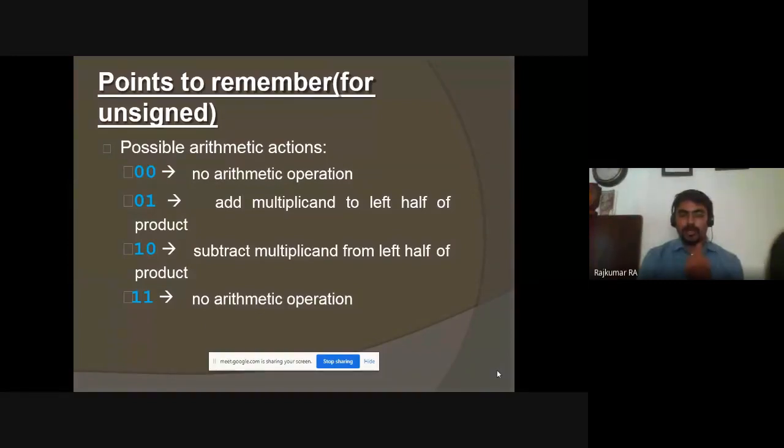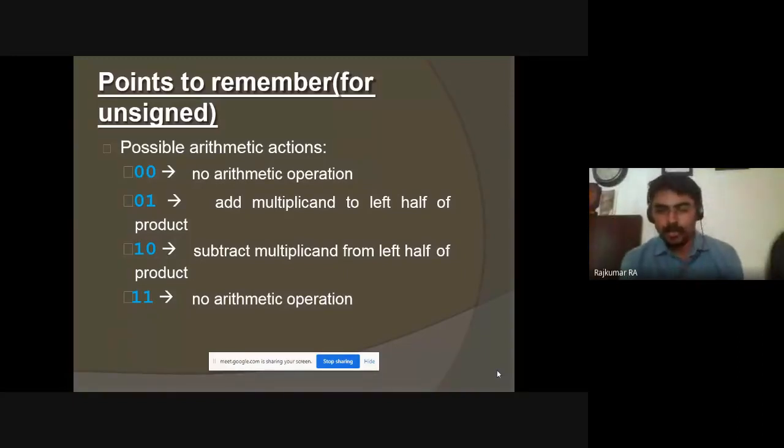If Q is 1 and Q minus 1 is 0, then we have to subtract the multiplicand from the left of the product. 0 1 means we have to add the multiplicand. This is the procedure, just to remember. 0 0 and 1 1, there is no arithmetic operation. 1 0 means subtract, and 0 1 is addition.